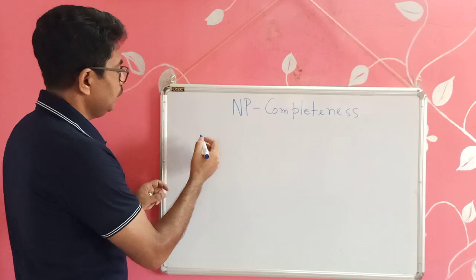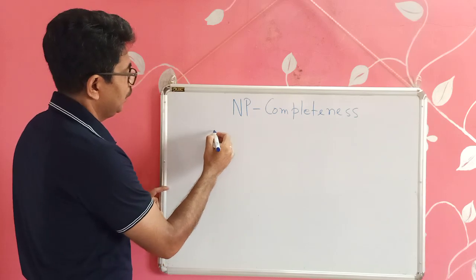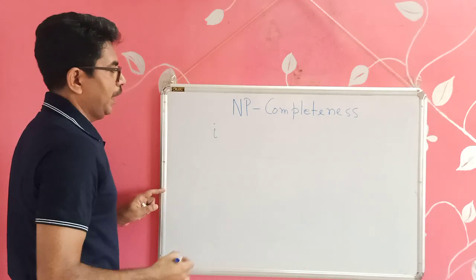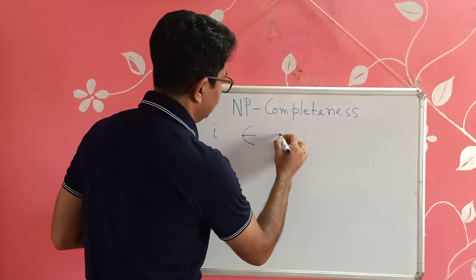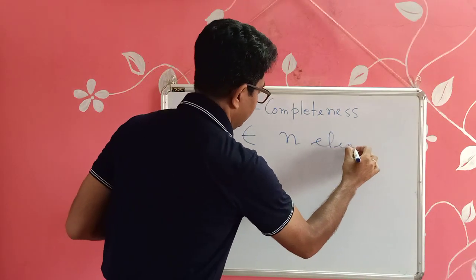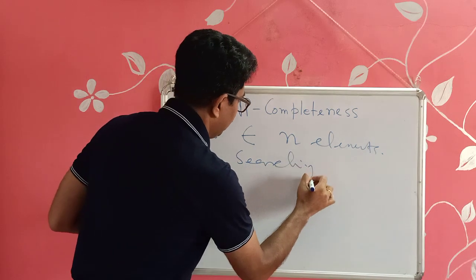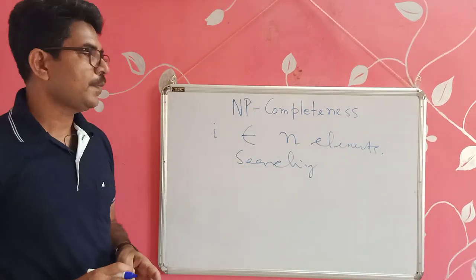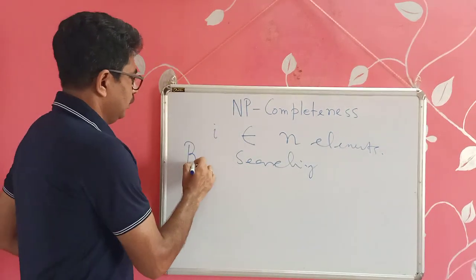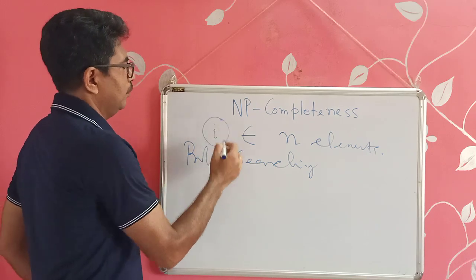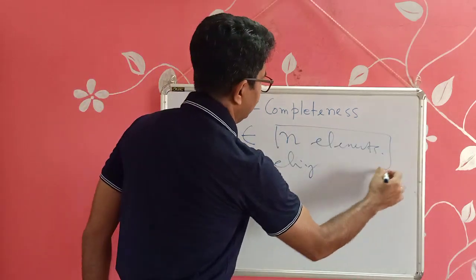Let's say we have to check whether an element I belongs to a set of n elements or not, which is known as searching. The problem is searching for an element I in a set of n elements.